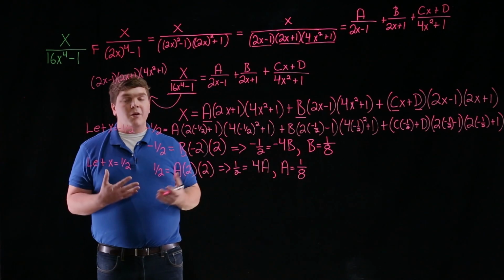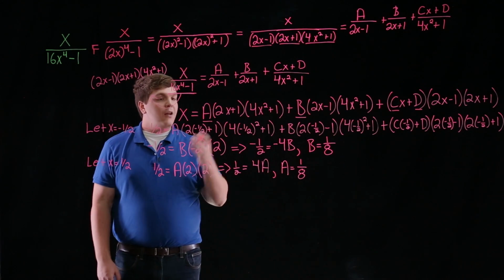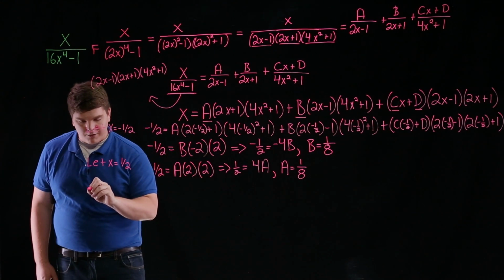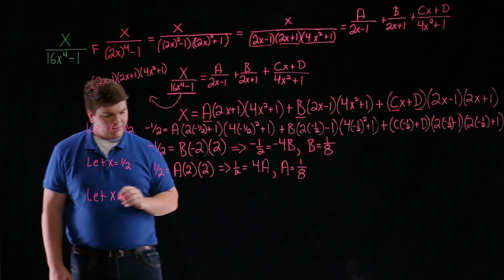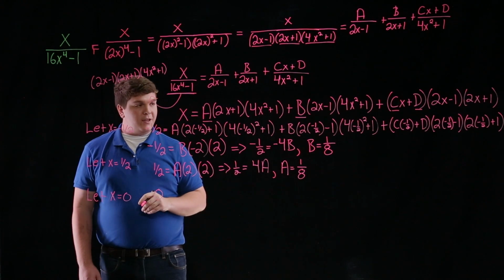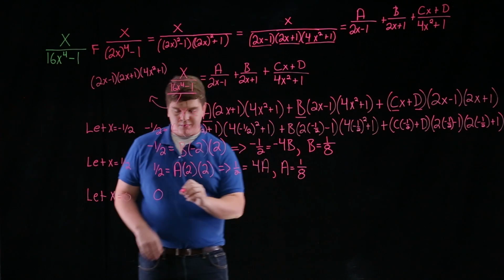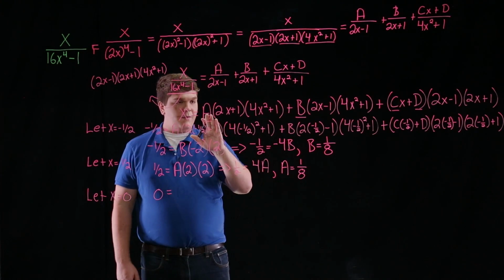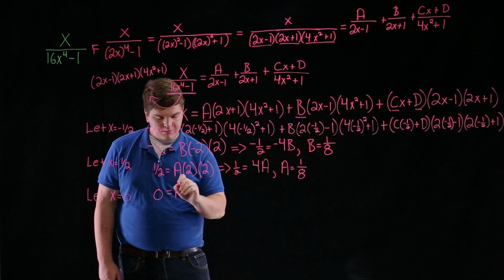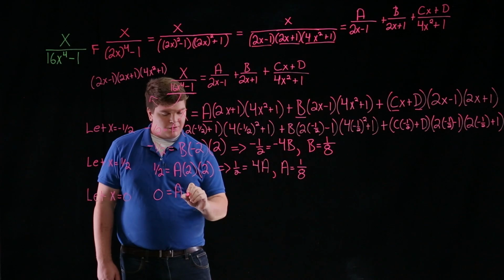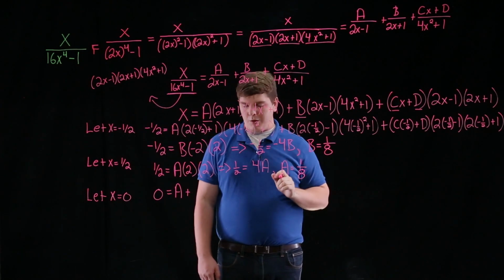Now at this stage, we've run out of convenient values of x to substitute to make things cancel. So let's try letting x equal 0. So substituting 0 in for x, we'll have 0 equals a times 1 times 1 plus b times negative 1 times 1.